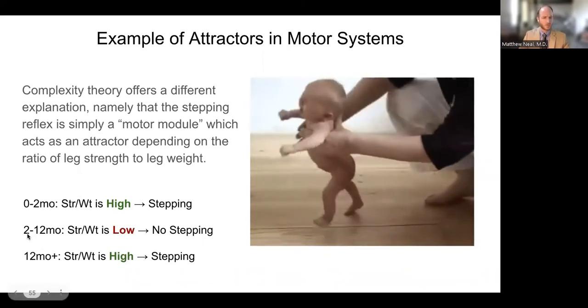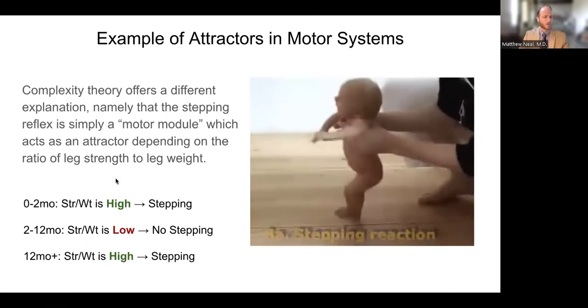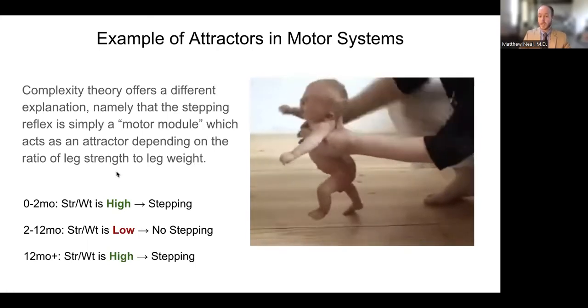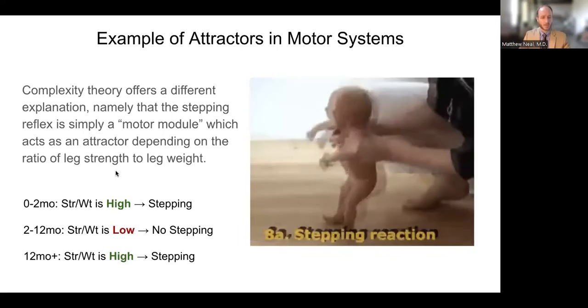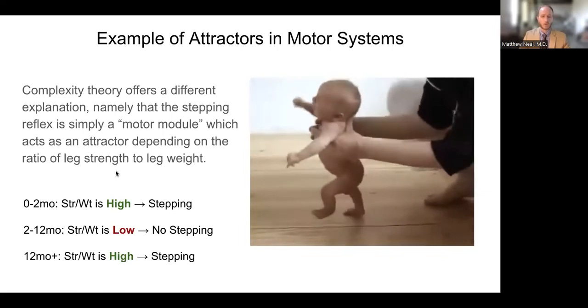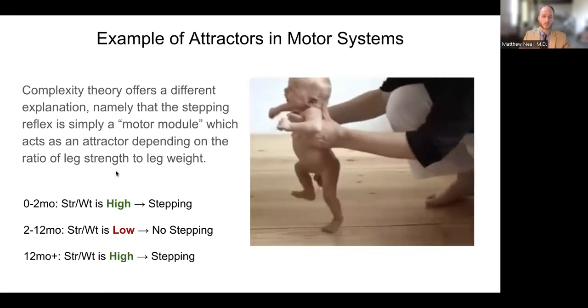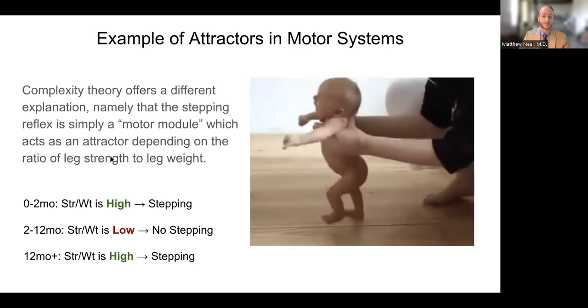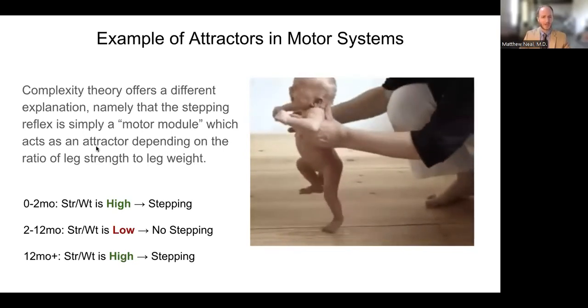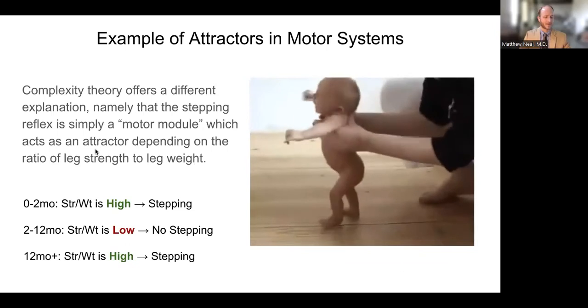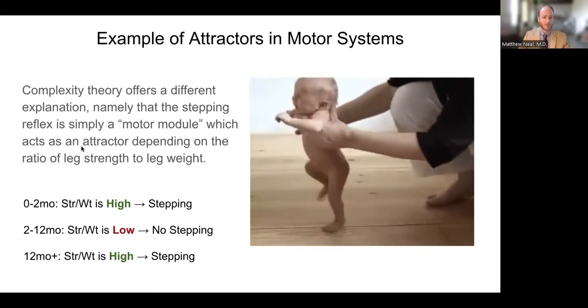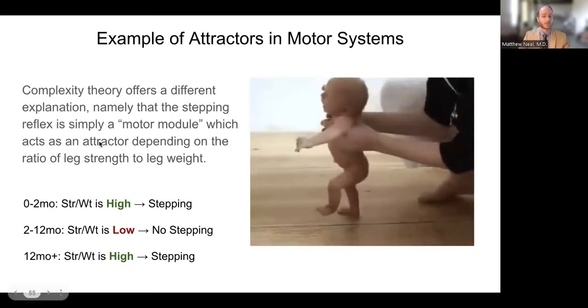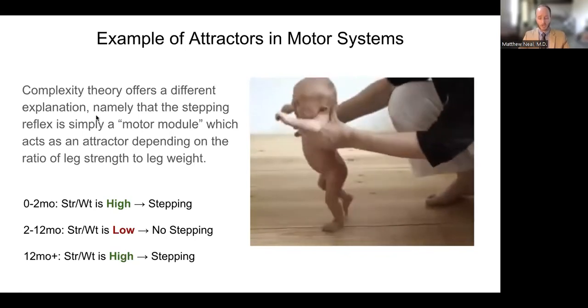Between the months 2 and about 12, strength isn't increasing as much as weight is, and so the ratio drops below some value, and then you don't see the stepping behavior. This primitive reflex, so to speak, disappears, and only then, once the baby starts to strengthen its legs more, does the ratio become favorable enough for the stepping behavior to emerge again.